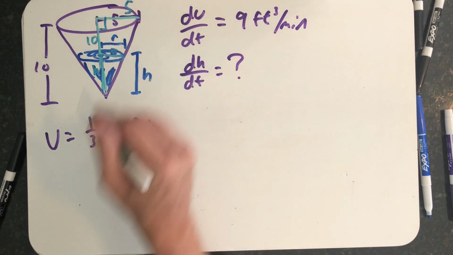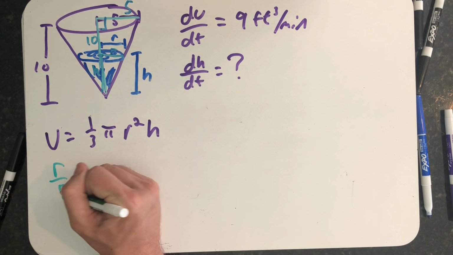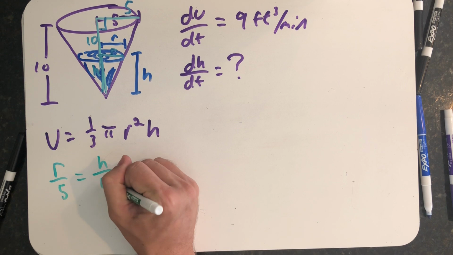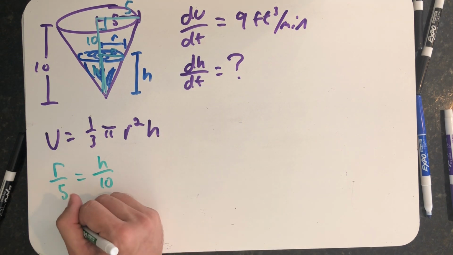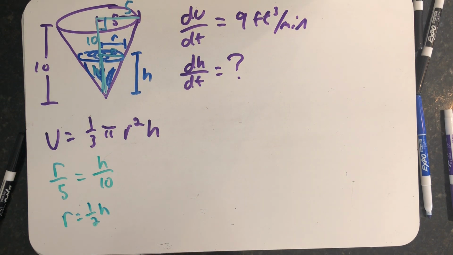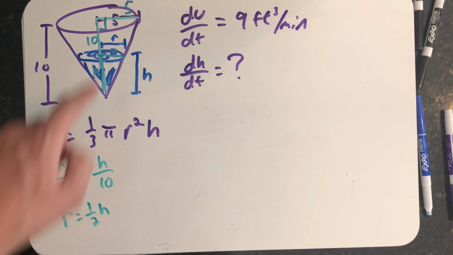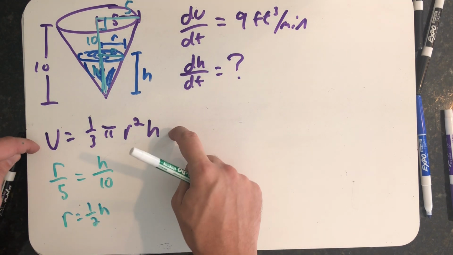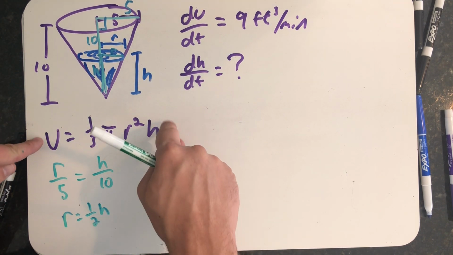So r over 5 has to be the same thing as h over 10, which means r is equal to 1/2 h. At every single moment in time, r is always 1/2 h. So I can update my formula so that it only involves a volume and a height.